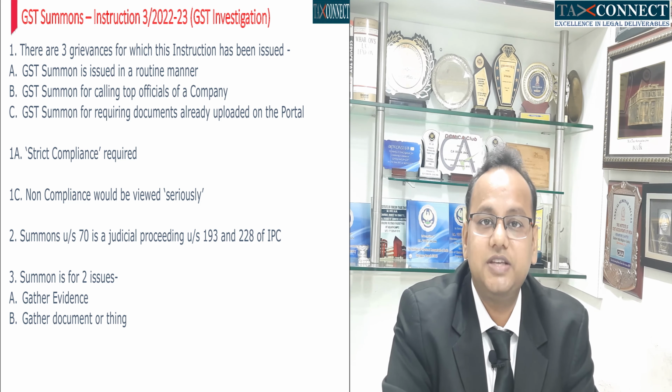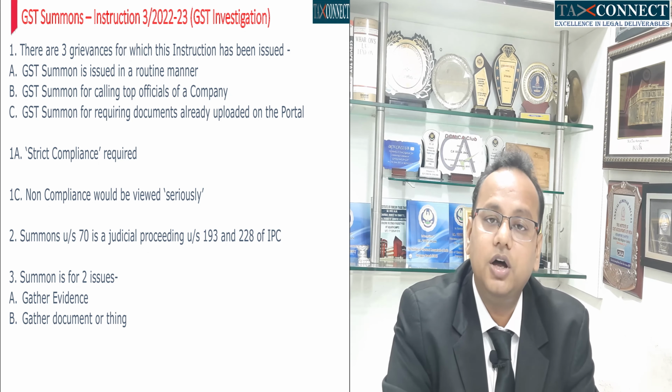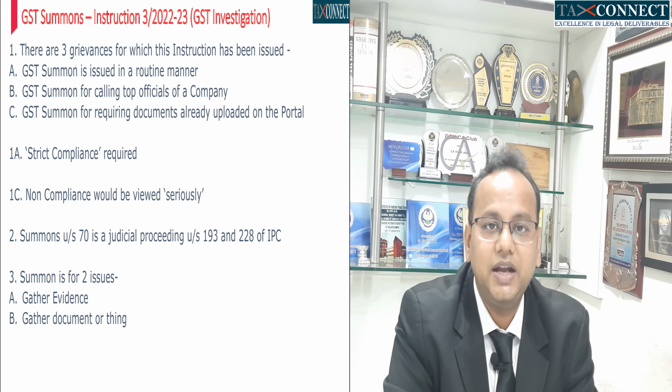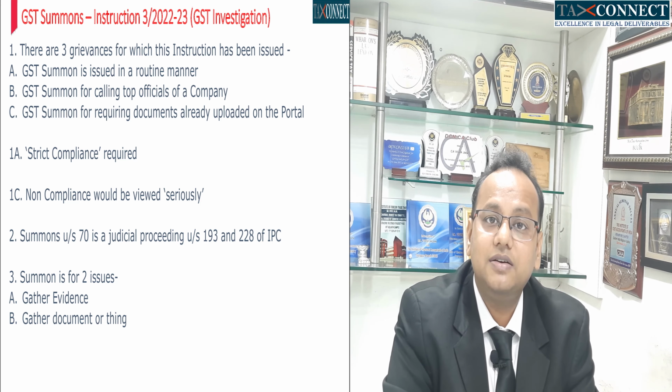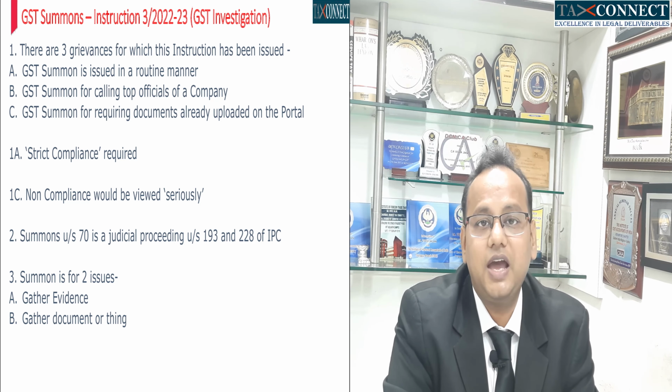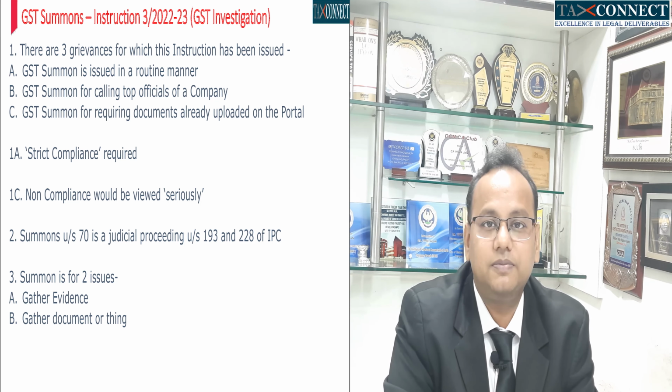While there is a CBIC flyer on investigation, search and seizure where it is mandated that investigation, search and seizure under GST should be resorted to only as a measure of last resort, there were no guidelines under GST for summons.